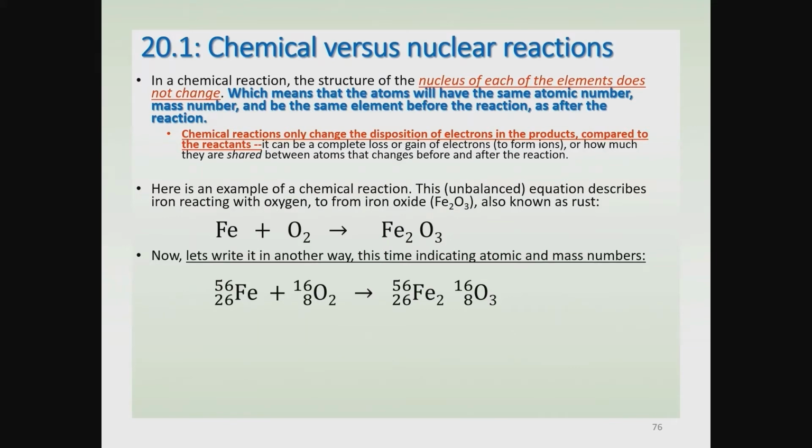Same thing with the oxygen. Oxygen has an atomic number of 8. It also has 8 neutrons in this example, so it has a mass number of 16. Those numbers did not change in that reaction. So this is not a nuclear reaction. This would be a chemical reaction. Again, all that is changing is how the electrons are being shared between iron and oxygen.